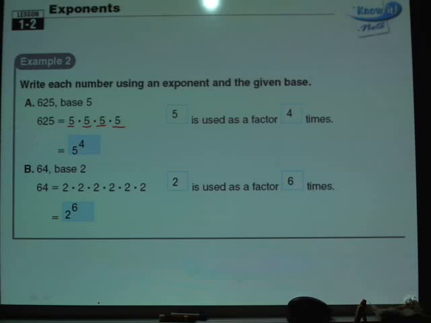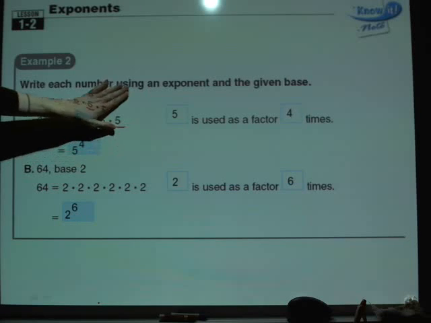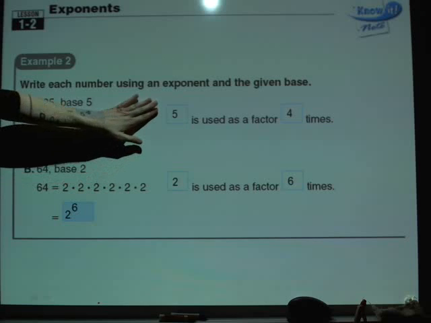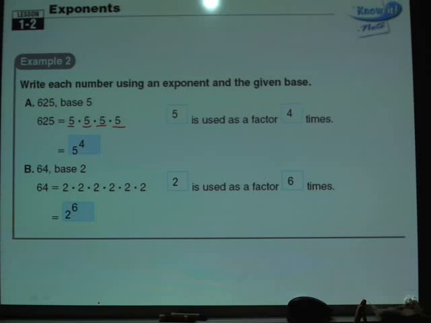Since I got to this number, I stop and ask, how many times is 5 in that problem? Well, notice there's 4 of them. So the mystery is solved. The exponent has to be 4 because 5 is in this problem 4 times. So the power would be written as 5 to the 4th. 5 to the 4th is equal to 625.